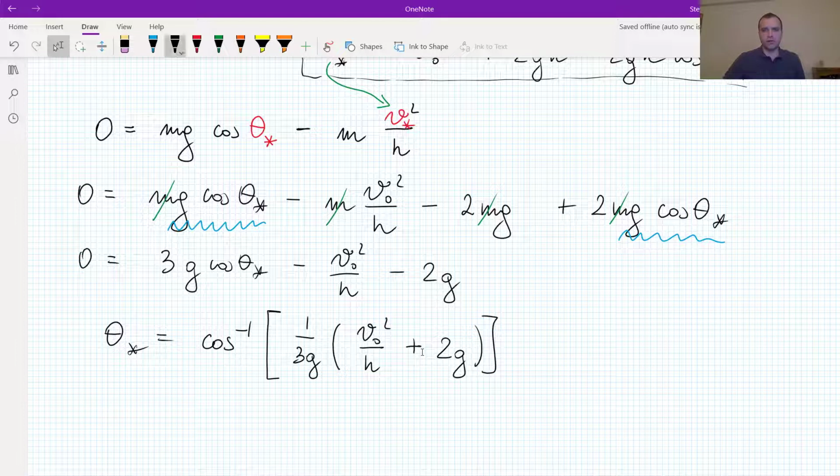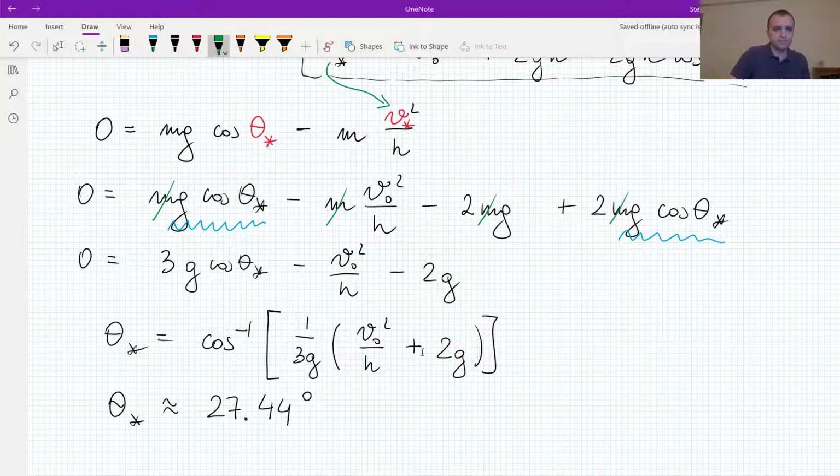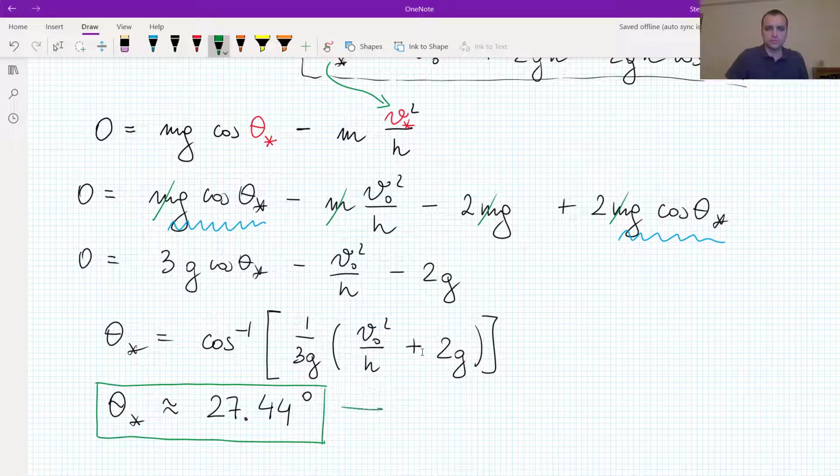And if you plug in values and grab your calculator, you will obtain that our theta is approximately 27.44 degrees. And this is the answer to our problem. So this is the angle at which our particle will lose contact with that cylindrical surface.